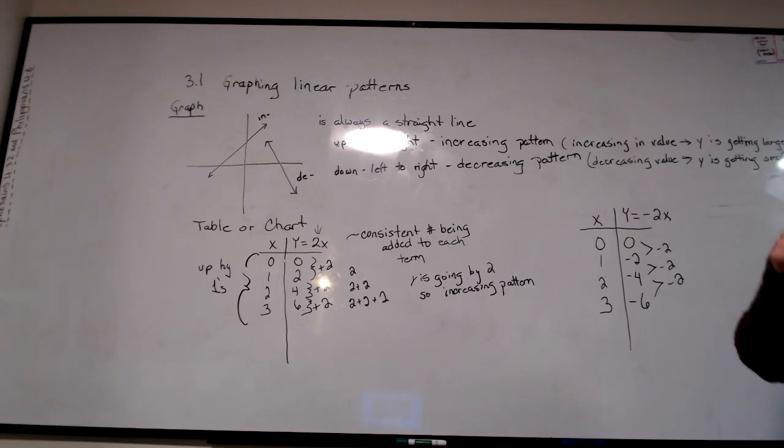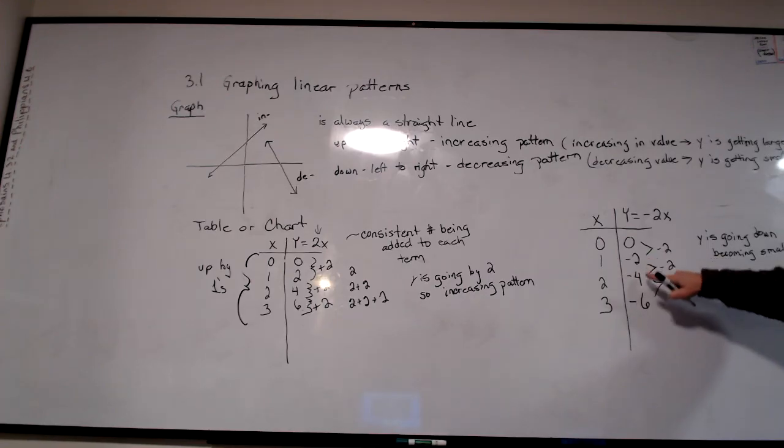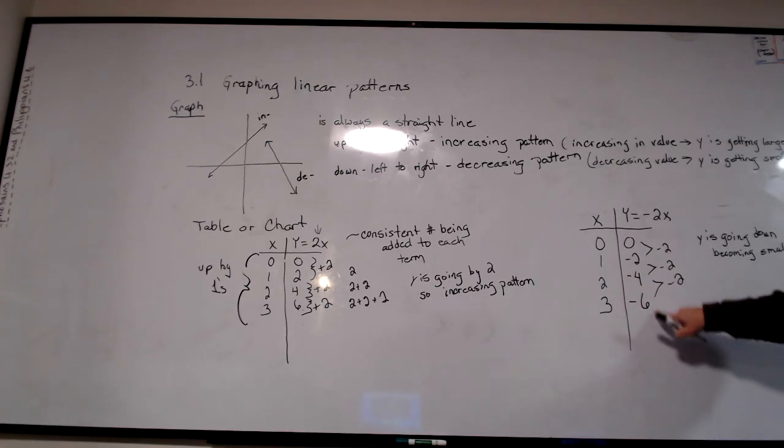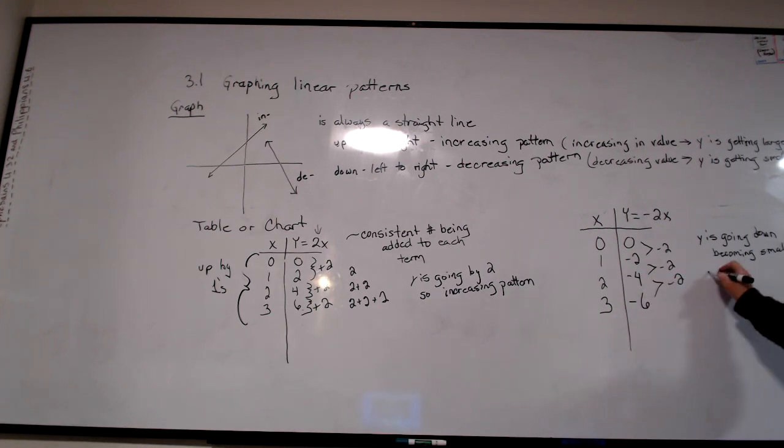When you add or subtract 2 or add a negative 2, then the y is going down, or it's becoming smaller. You look at it, negative 2 is smaller, negative 4 is smaller than negative 2, negative 6 is smaller than negative 4. Okay? So that is called a what kind of pattern? Decreasing. It's a decreasing pattern.